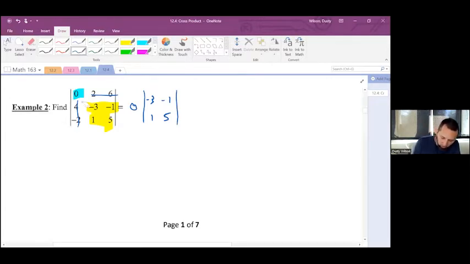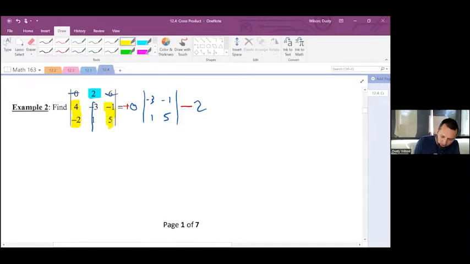So then we keep going. That first sign was a plus. Our next sign is going to be minus, and we keep going across that top row. So minus 2. And then what are we going to multiply 2 by? Well, we cross off everything else in that top row with the 2, and everything in the column with 2.